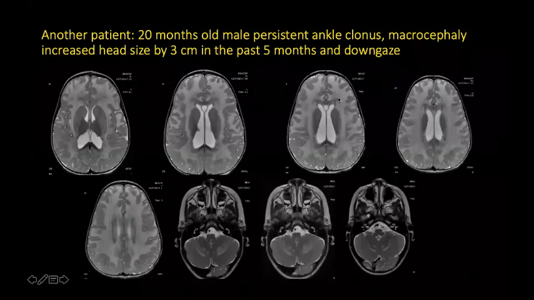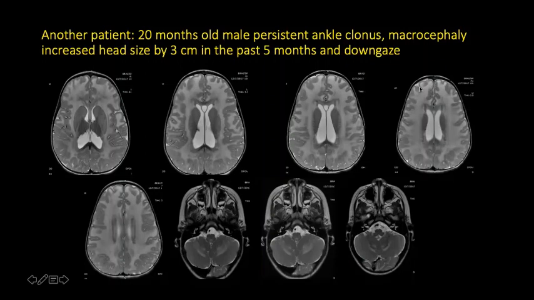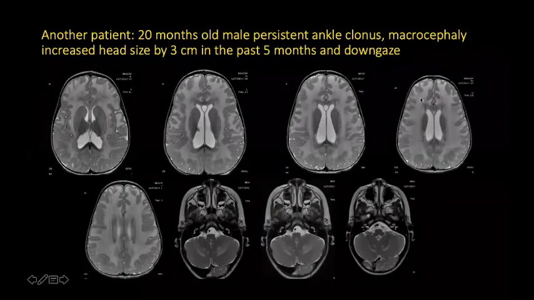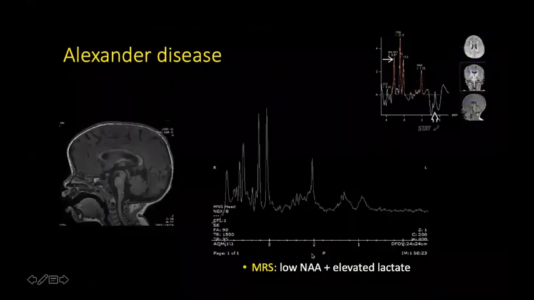So we see the cavum septum pellucidum here. We see prominent white matter signal within the frontal lobes, and then some signal abnormality within the cerebellum.